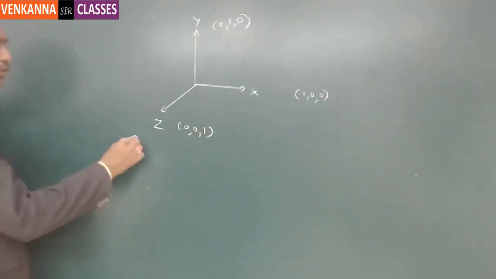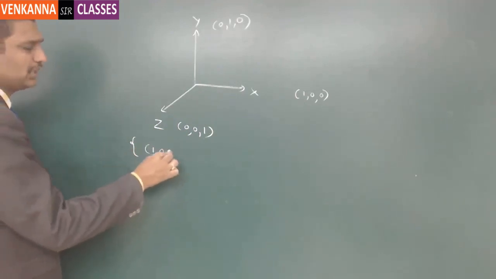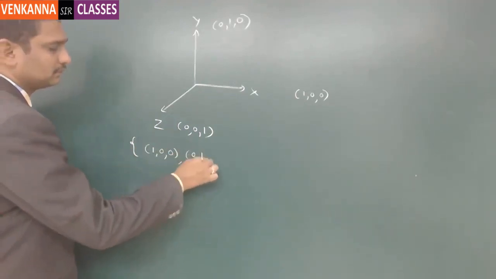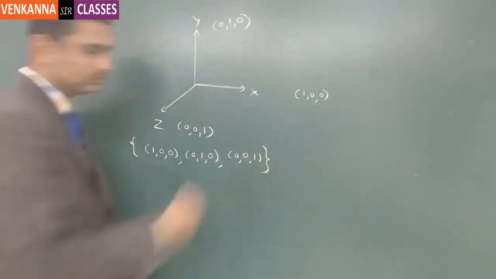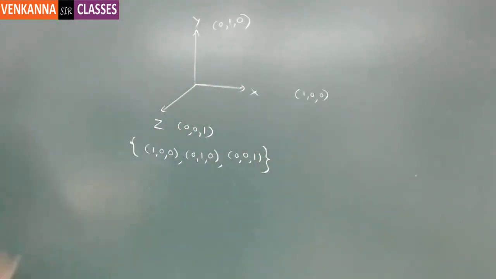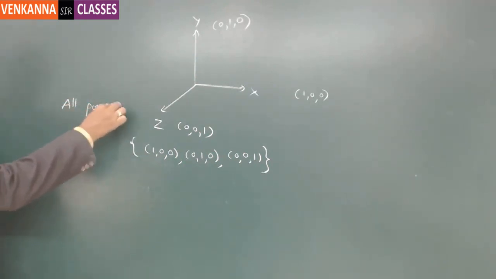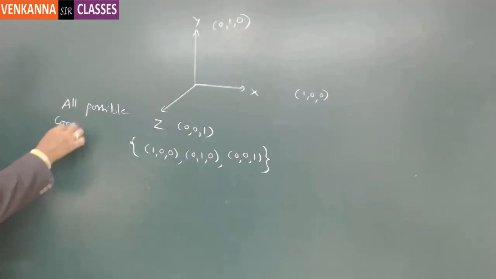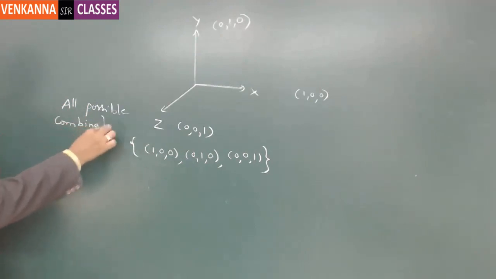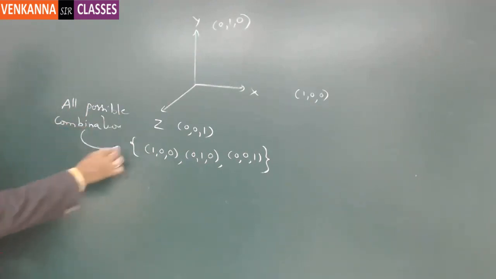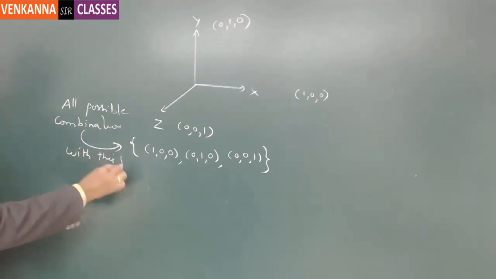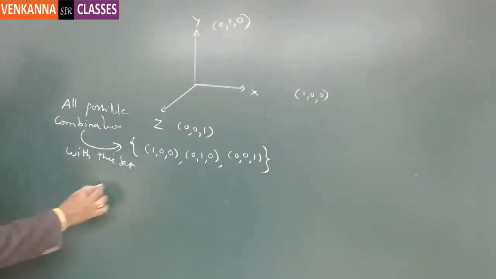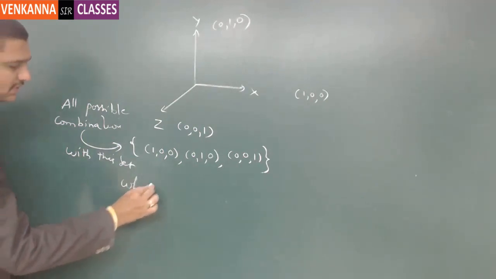So, if you write the three vectors together, if you write all possible combinations with this set, you will get the whole 3D space.